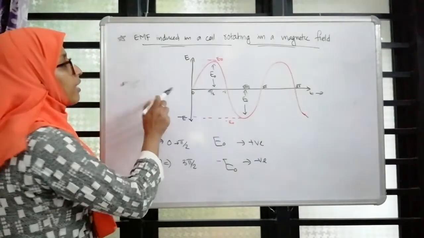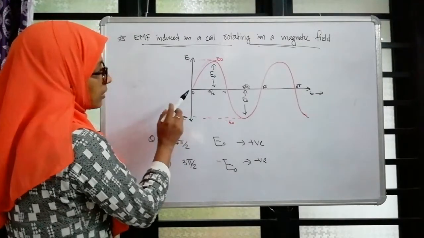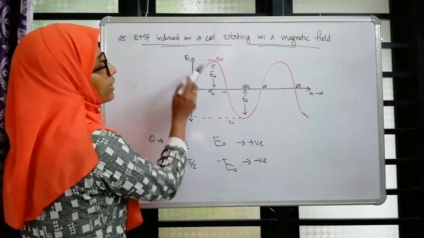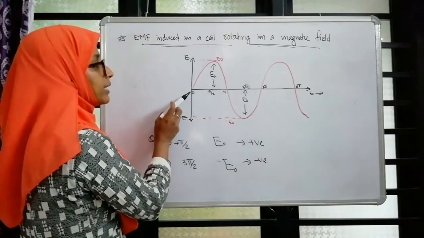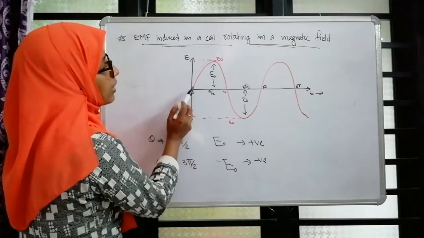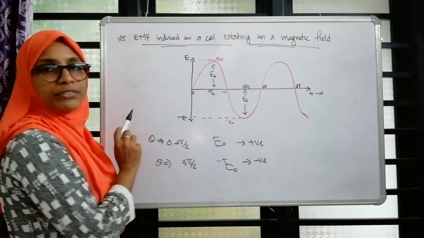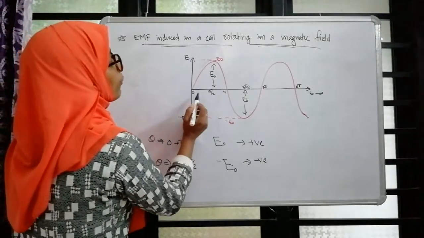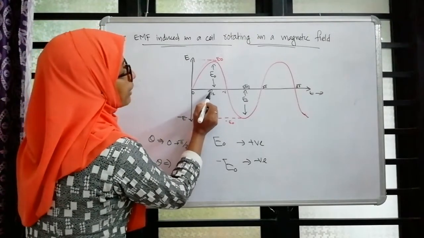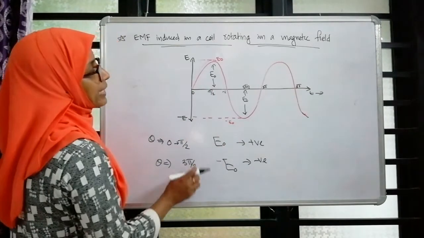So, from this graphical representation, we can study the alternating EMF. That is, the magnitude and direction of the EMF are changing together. So, in the first half of rotation, it is in the positive half cycle, and in the next half of rotation, it is in the negative. When it completes its quarter of rotation, it is at the maximum value E0, the positive maximum.